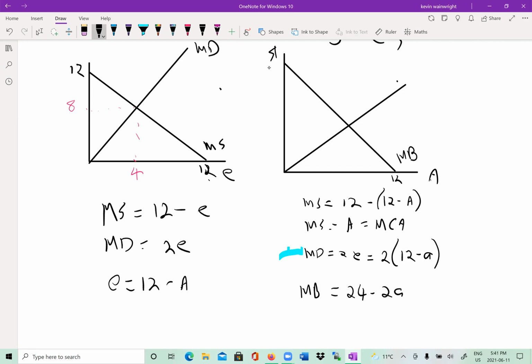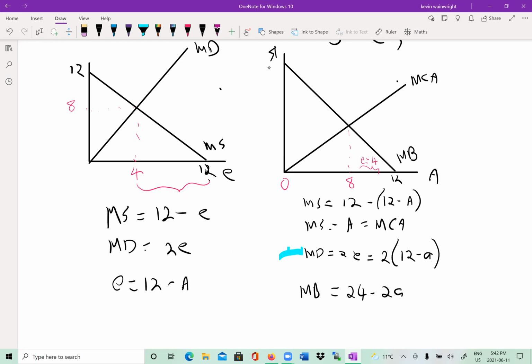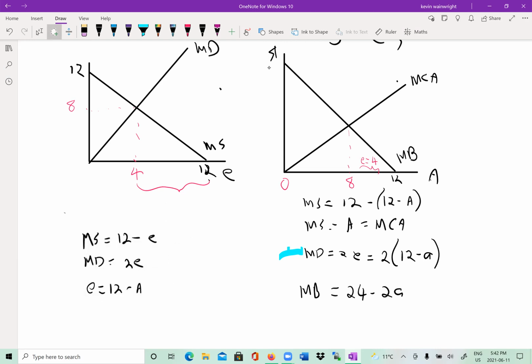And when we solve for that, we get that abatement is 8. So we engage in 8 units of abatement, which leaves 4 units of E. Or in the first graph, we got rid of 8 units of emissions. So that gives us A equals 8.